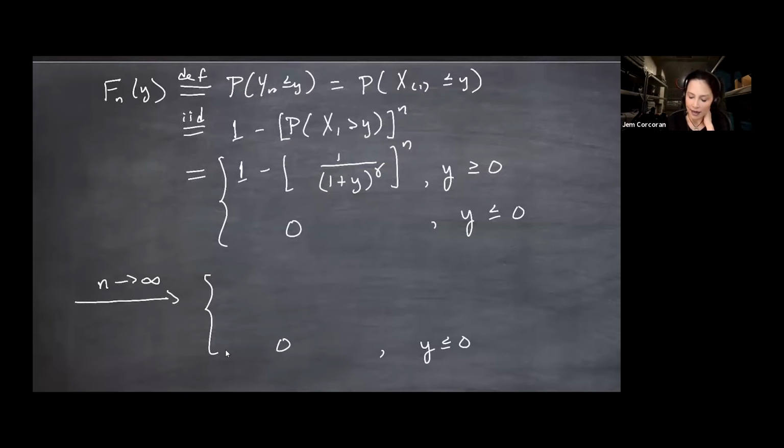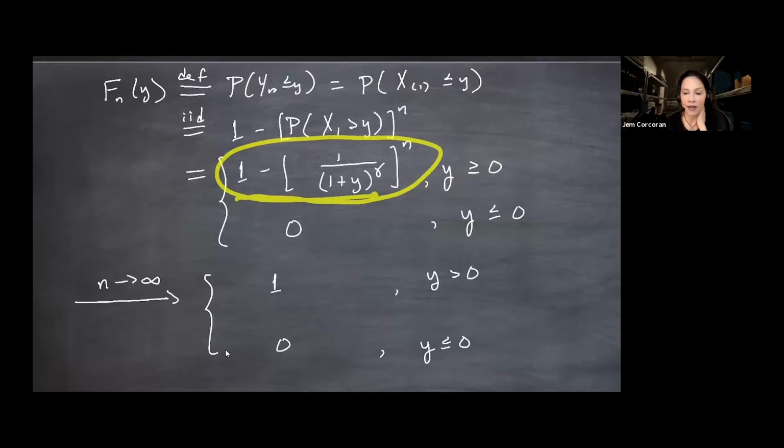So I'm going to have 3 things in the brackets down here. I get 1 if y is strictly greater than 0. But if you plug in y equals 0, then you get 1 minus 1 to the n, which is, for finite n, 1 minus 1. So you get 0, which actually isn't changing in the limit.